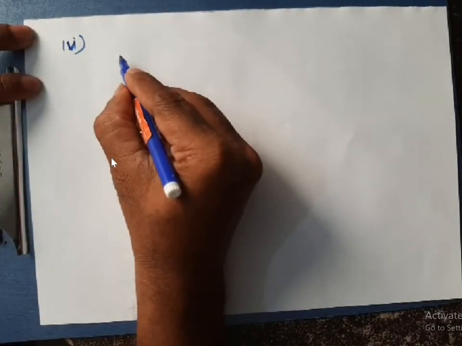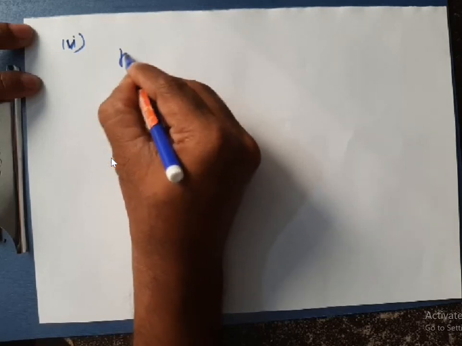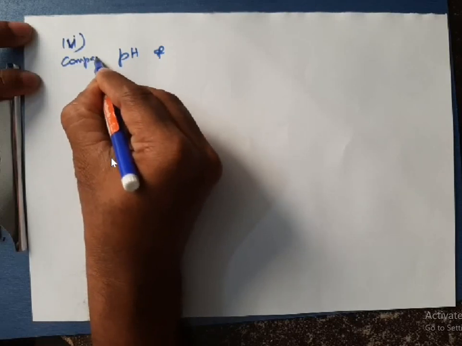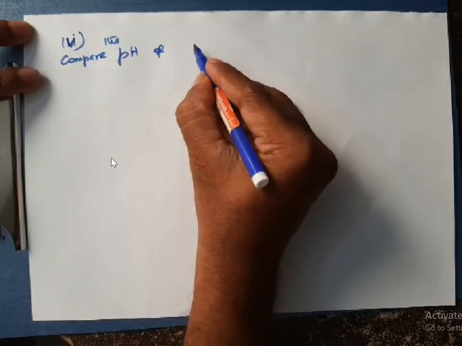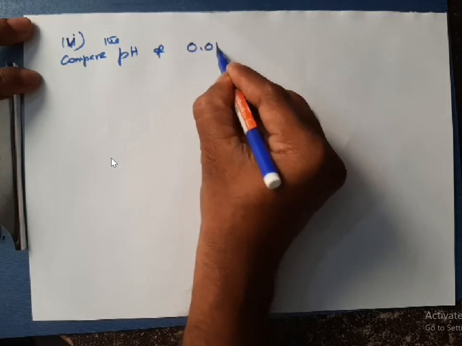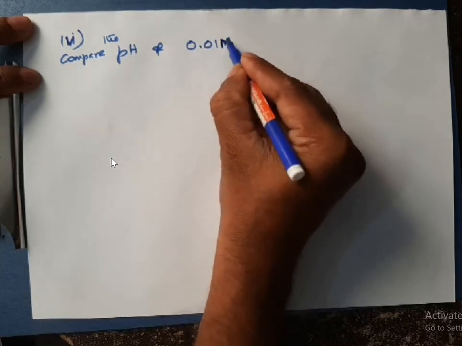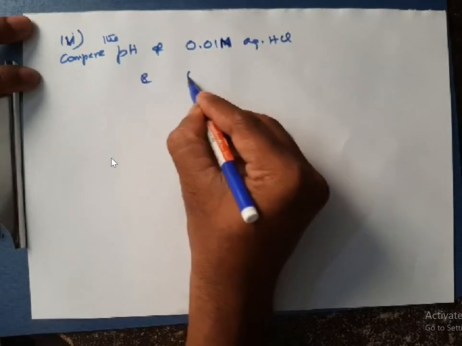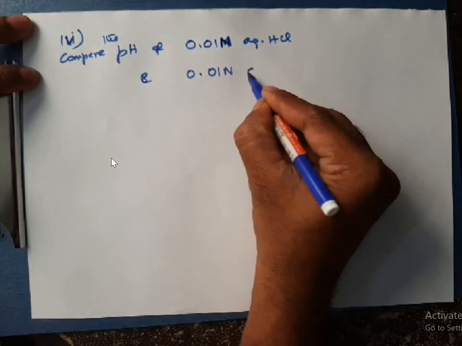We'll do one more problem here. Problem number 4. The question is: compare the pH of 0.01 normal aqueous HCl and 0.01 normal aqueous sulfuric acid.